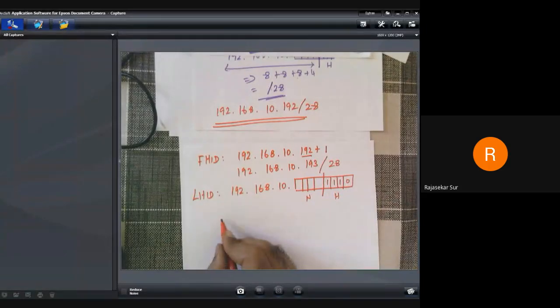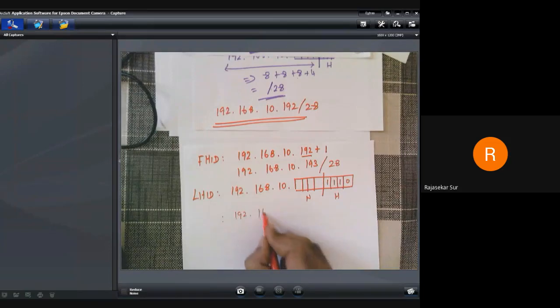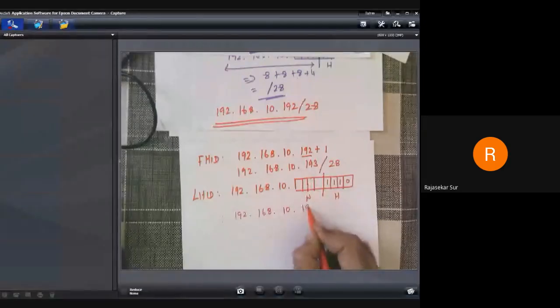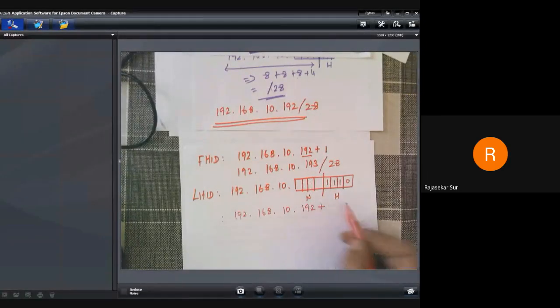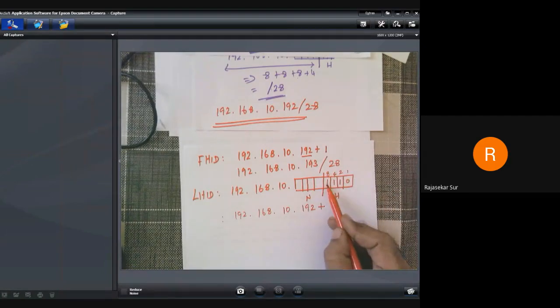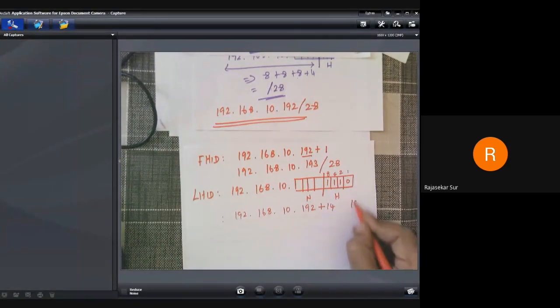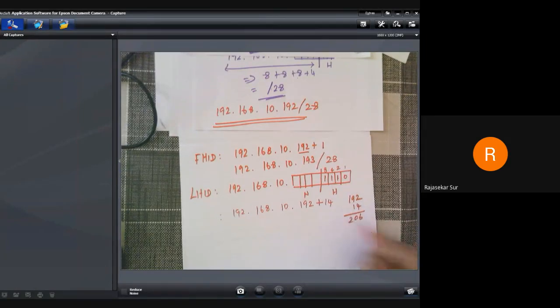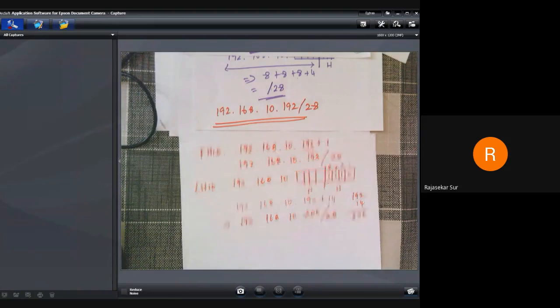So 192 plus the place values 1, 2, 4, 8. 8 plus 2 is 10, 10 plus 4 is 14. You have to add 14. So 192 plus 14 is 206. So this is equal to 192.168.10.206/28. So this is the last host.